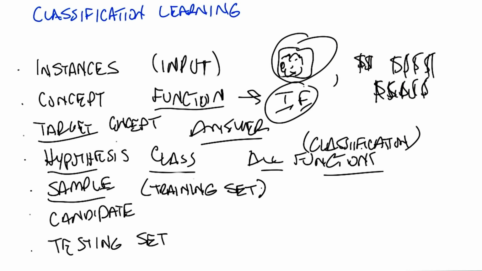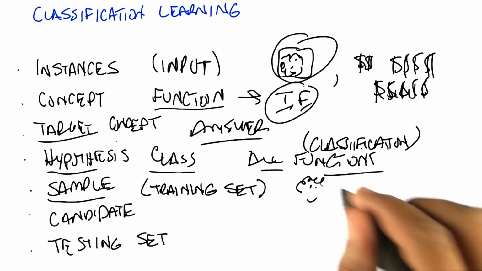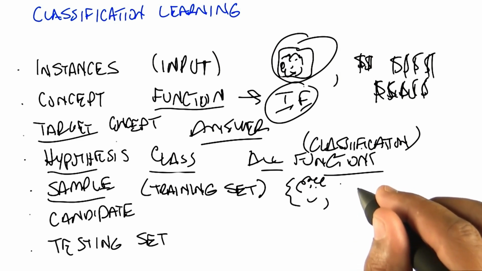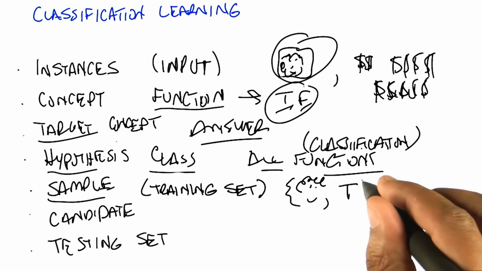If we try to answer Michael's question, the way we do that in machine learning is with a sample, or another name for it, which I prefer, a training set. So what's a training set? Well, a training set is a set of all of our inputs, like pictures of people, paired with a label, which is the correct output. So in this case, yes, this person is credit worthy.